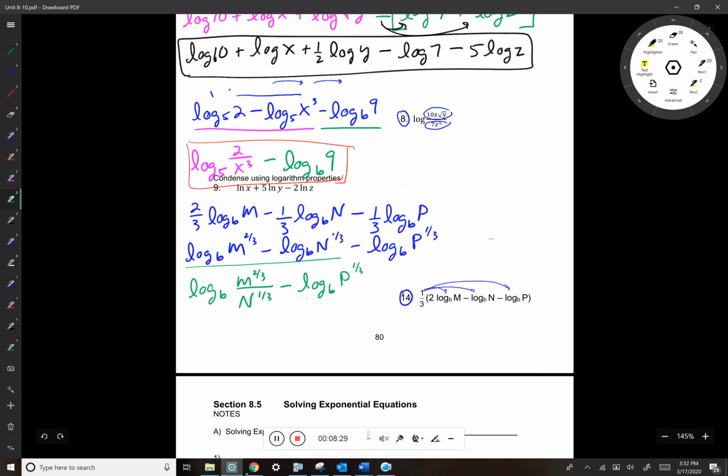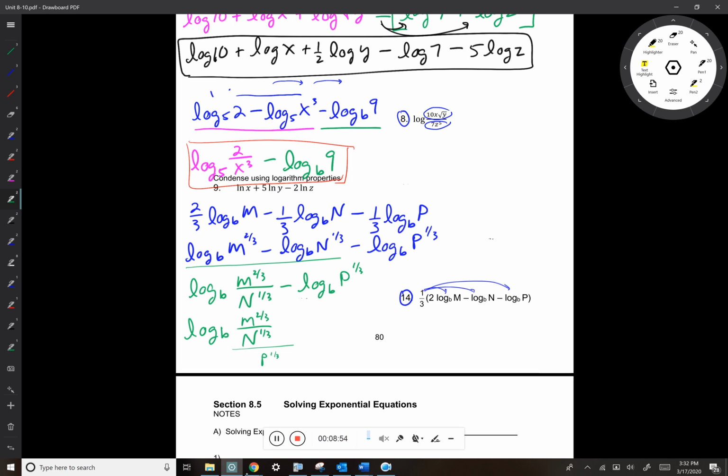So now I can apply that second property, right? It's subtraction. So it's going to become log base b of this first term, m to the 2/3 over n to the 1/3. And if I'm subtracting p to the 1/3, it's like I'm dividing that whole thing by p to the 1/3, right? But I don't want to leave a fraction within a fraction.